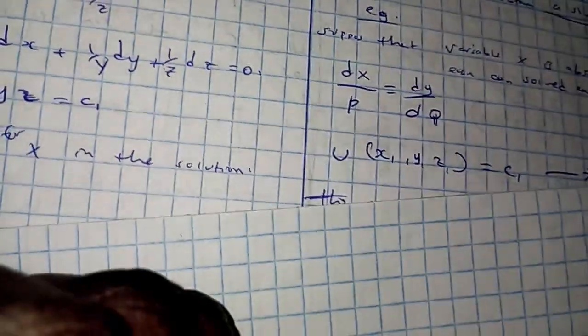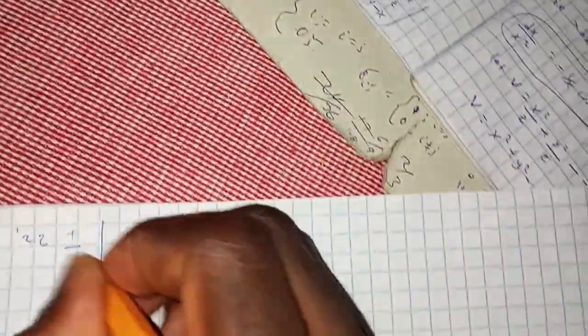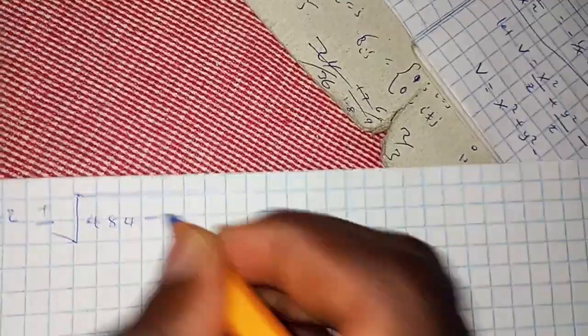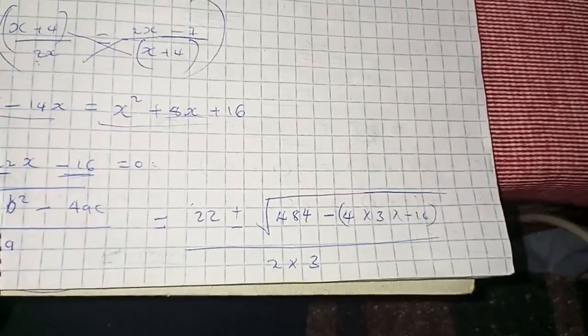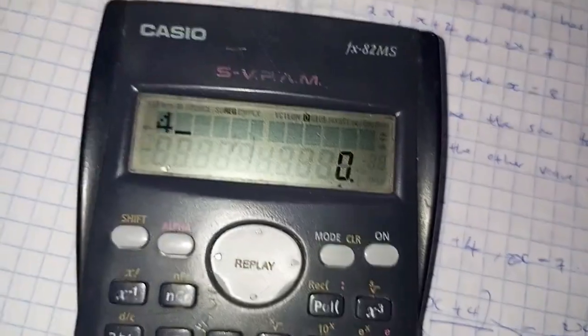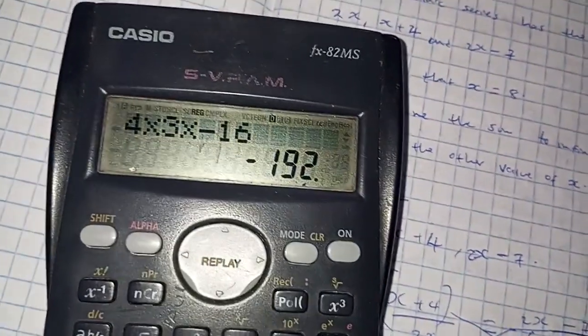So if we simplify this, we shall be having 22 plus or minus the square root of 484 minus. If we multiply this bracket, 4 times 3 times negative 16, we have negative 192.